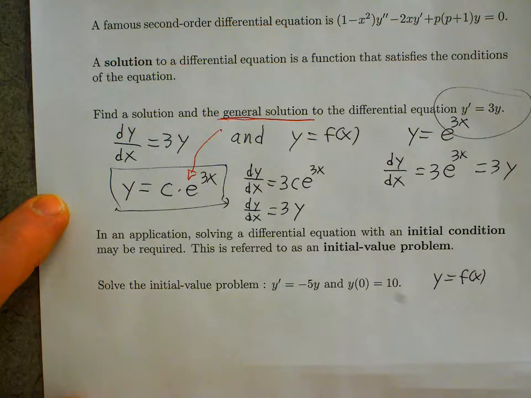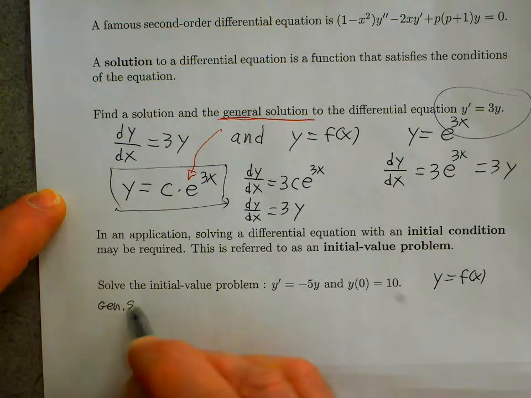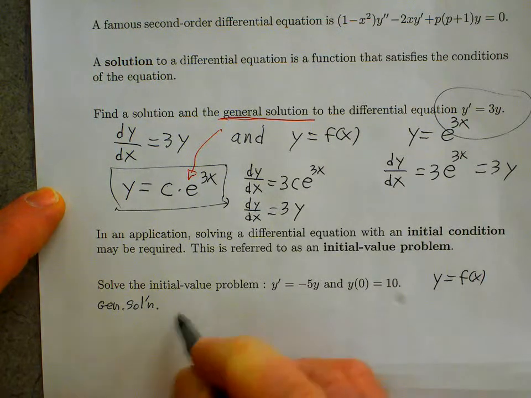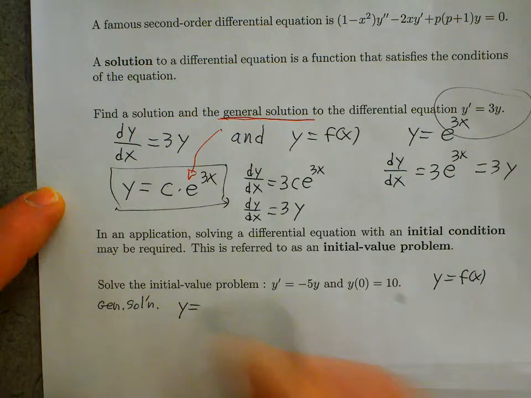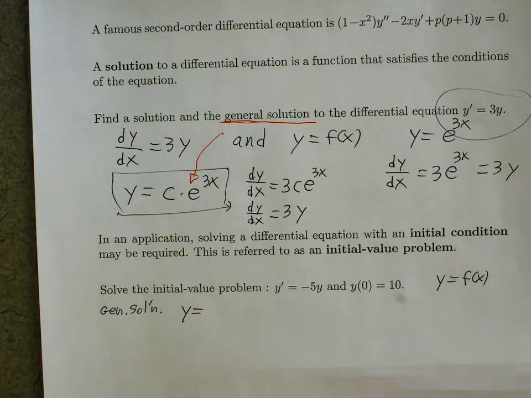Step 1 would be to find the general solution. This is similar to the one we just did, just with a different constant. If y prime equals negative 5y, then what should y be in this case?